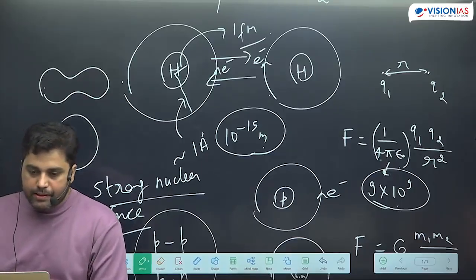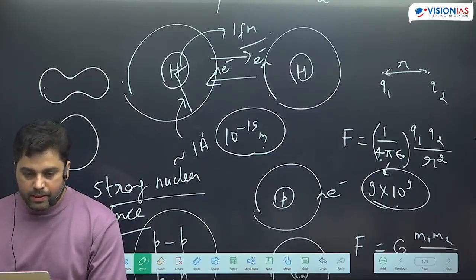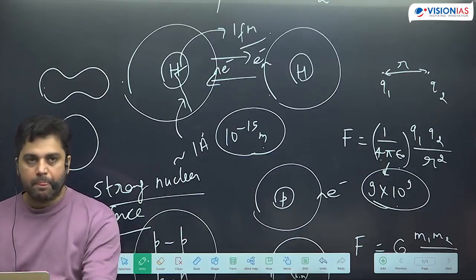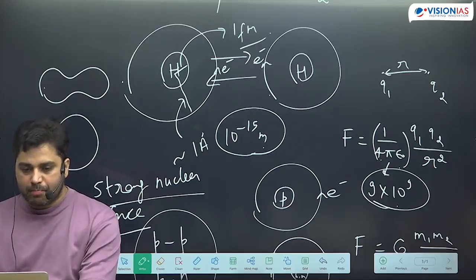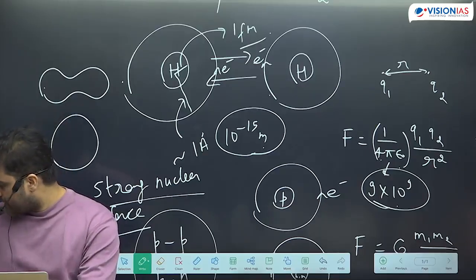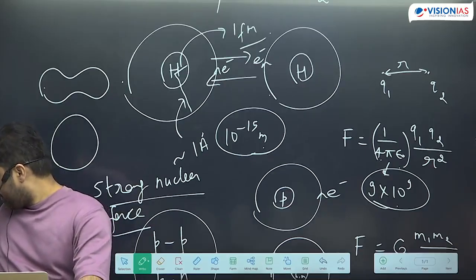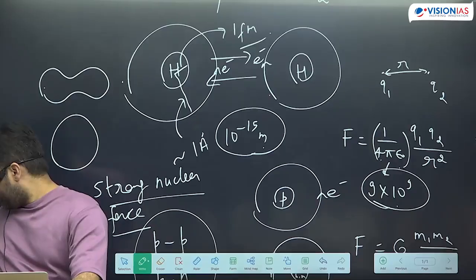This is the process which powers the Sun and other stars.